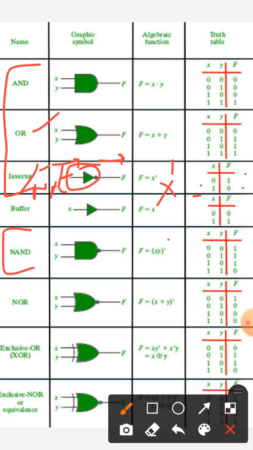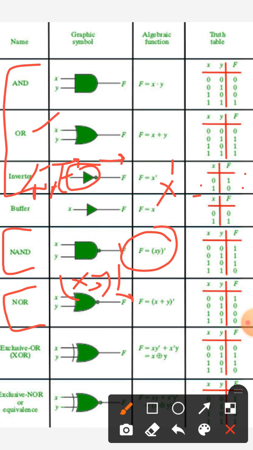Now the others are the NAND and NOR gates. What is the NAND gate? The NAND gate is nothing but NOT of AND gate. Here we can see the symbol, x into y, prime. For x and y we first get the AND gate, and after the processing result we apply the NOT operator.